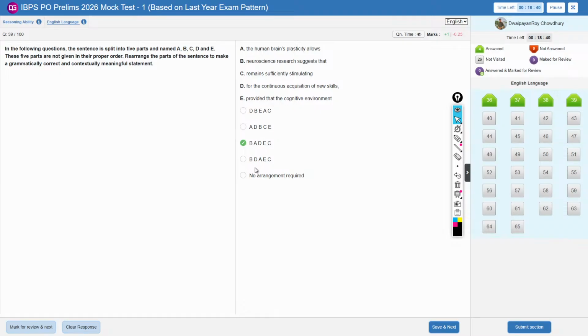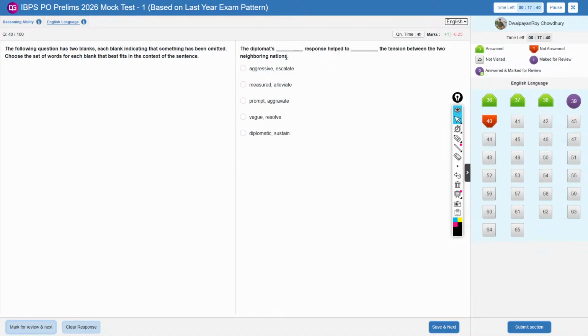Suggests that provided that the competitive environment for the continuous acquisition of new skills, the human brain's plasticity allows, provided that the cognitive environment remains sufficiently stimulating. Okay, come back to it later.